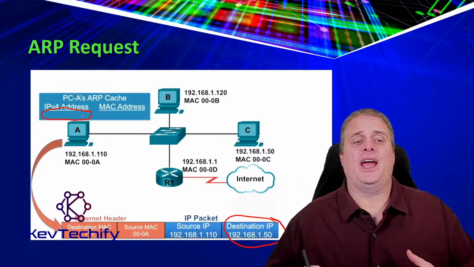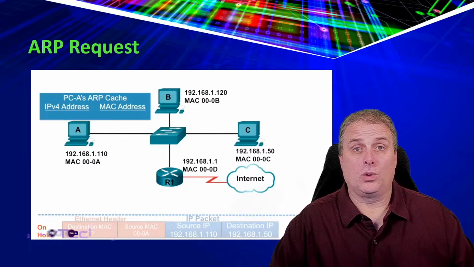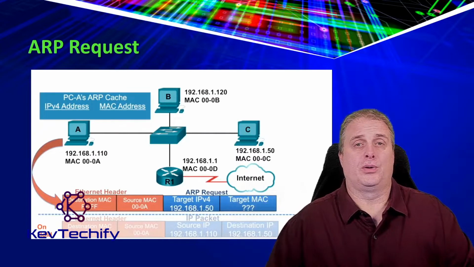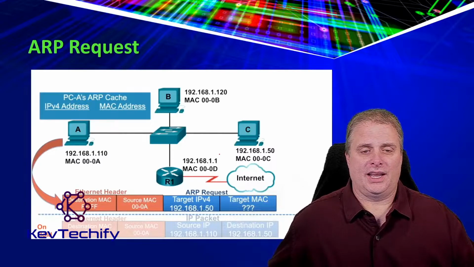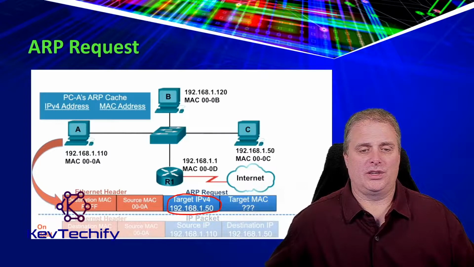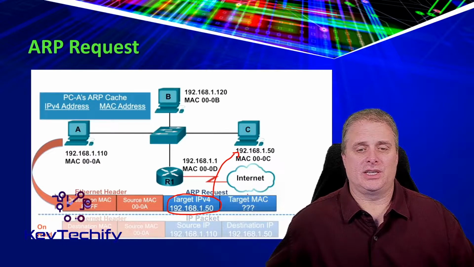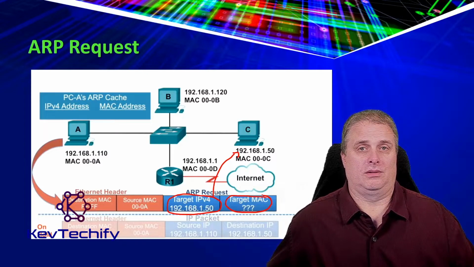Because it's not in the ARP cache, we're going to put that IP packet on hold, and then we're going to create an ARP request. The ARP request contains the target IP address 192.168.1.50, that's the IP address of PCC, and it contains the target MAC address. At this point in time, it is unknown.